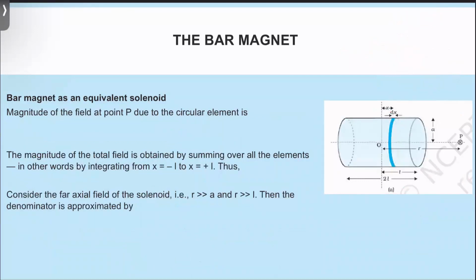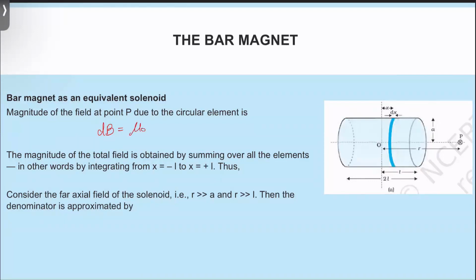Now what would be the magnitude of the field at point P due to this circular current element? We can write that as dB, since we are considering a current element of dx.